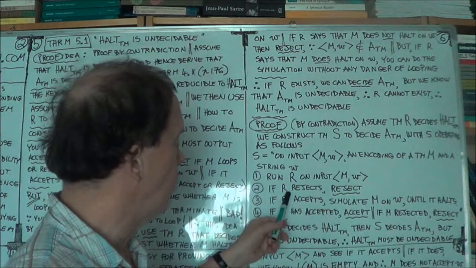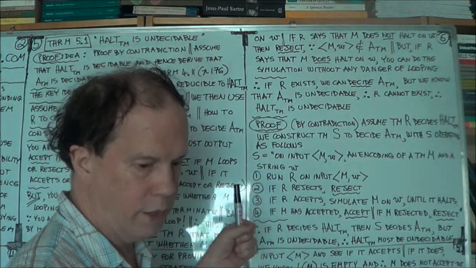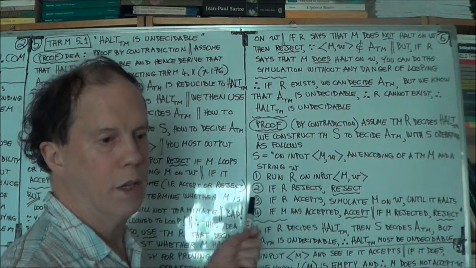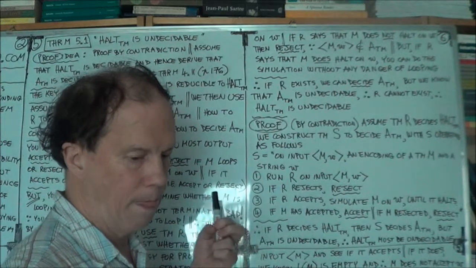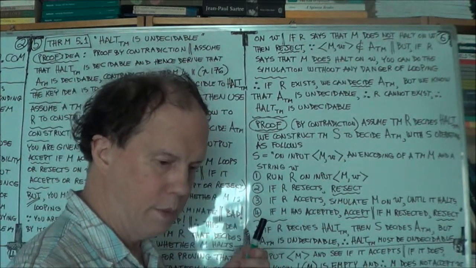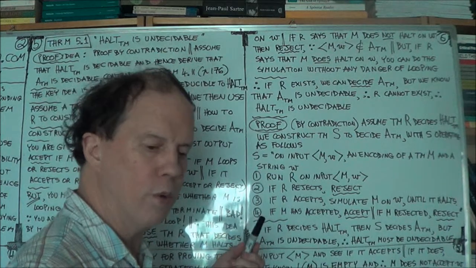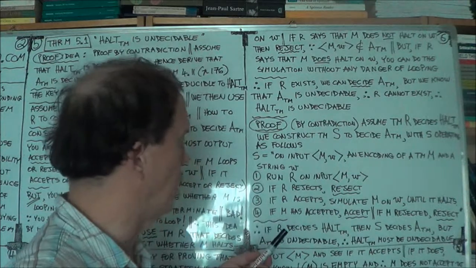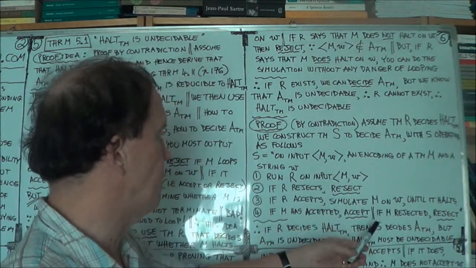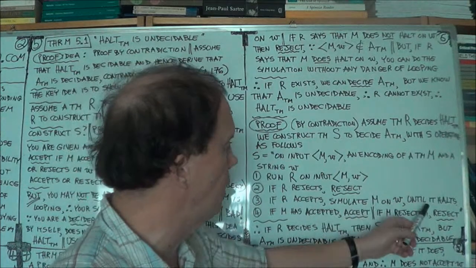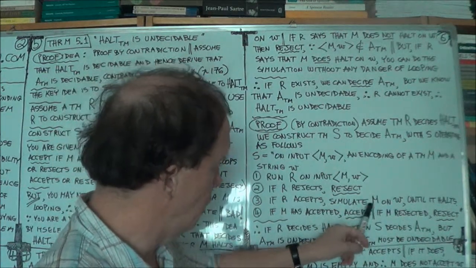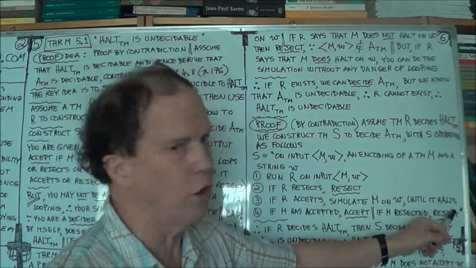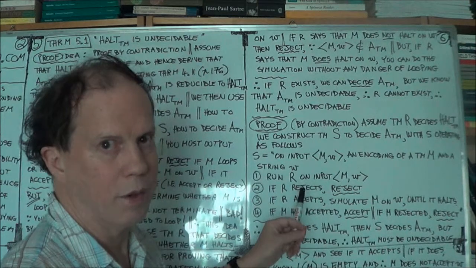By using R, you have eliminated the possibility of looping in your simulation. So you know that your simulation will halt one way or the other. It'll either accept or reject.